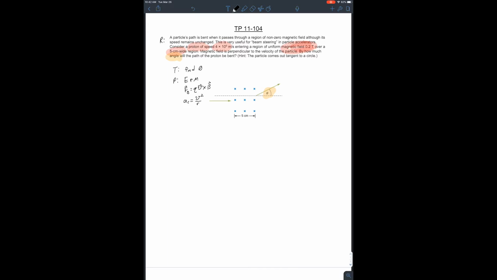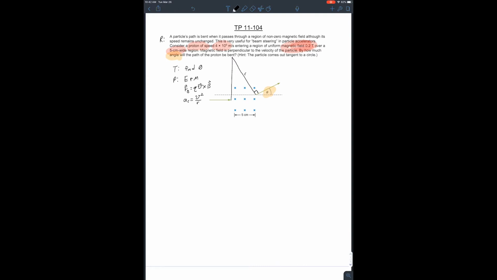The next step is to do a drawing for our problem. We have a good start to it, but what I want to do is add a little bit more information to help describe this uniform circular motion. To start that off, I will draw the radius as my particle leaves. So this, to the best of my ability, is tangent. And then I'm going to have the radius also from when the particle enters.